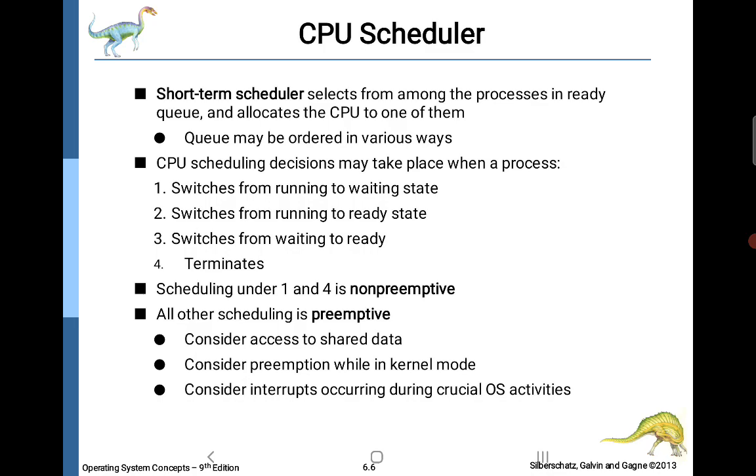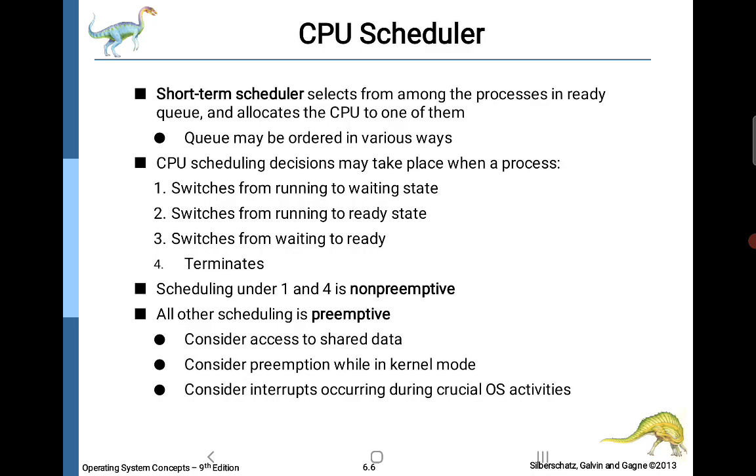So it's the job of the short-term scheduler to provide the maximum possible utilization of the CPU by not allowing a process that is in input-output to occupy the CPU, first and foremost.